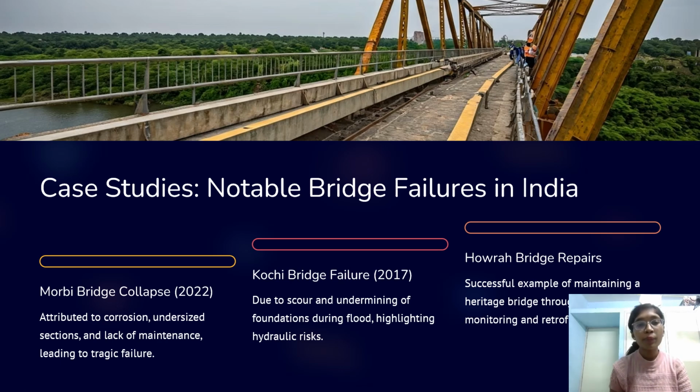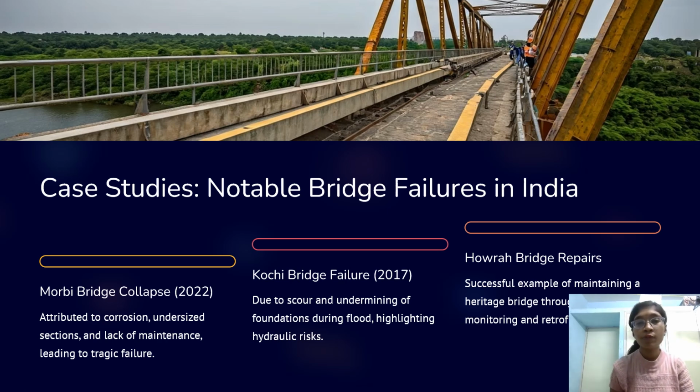In this Morbi Bridge collapse, they did not carry out bridge maintenance, so the bridge failed. Second, the Kochi Bridge failure in 2017 was due to scour and undermining of the foundation during flood, highlighting hydraulic risks.